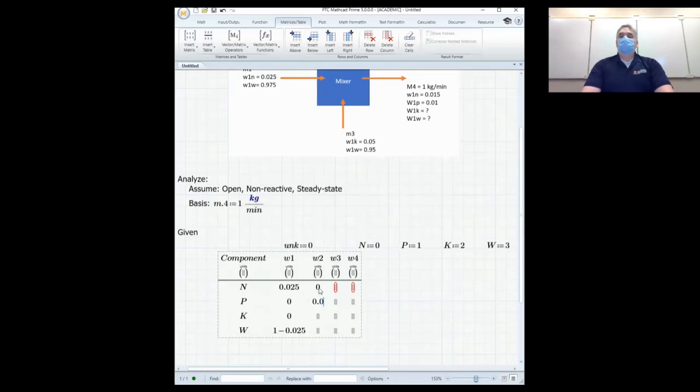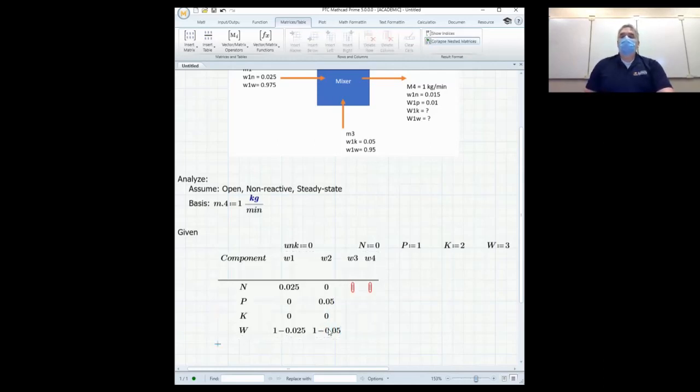It only has phosphorus at 0.05, so no nitrogen, phosphorus at 0.05. So when you're setting this up in a take-home or in-class quiz, you could make yourself a table like this, or you can assign values, just so I can understand what you're assigning. There's no potassium in this stream, and the remainder of this is water.